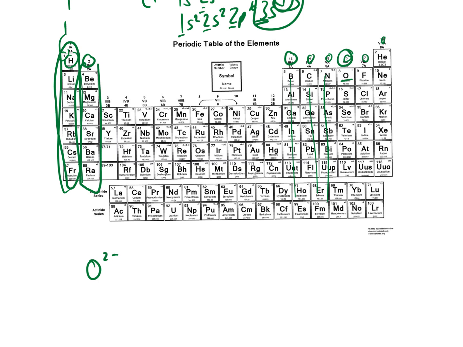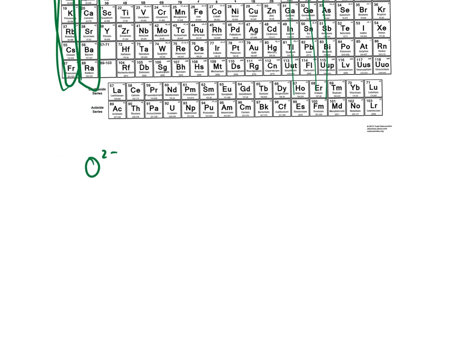So for oxygen, the nearest noble gas is neon. Oxygen has 6 valence electrons, neon has 8 valence electrons, so we need 2 more, right? And electrons are positive or negative? Negative. So we add 2 more negatives, becomes 2 minus, or negative 2.